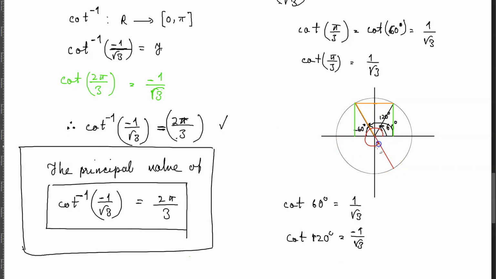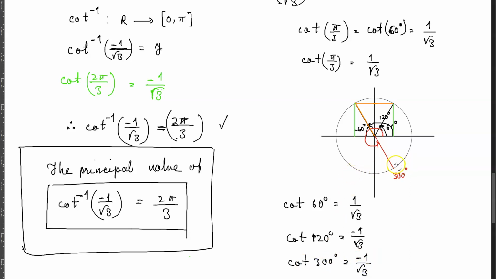And this angle is of course 270 plus 30, which is equal to 300 degrees, right? And you can argue that the cot of 300 degrees is also equal to negative 1 over square root of 3.